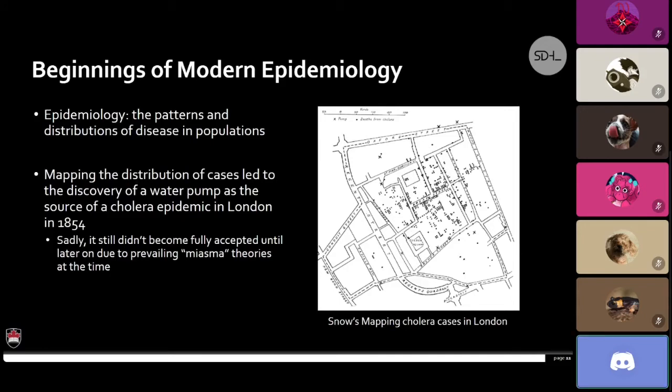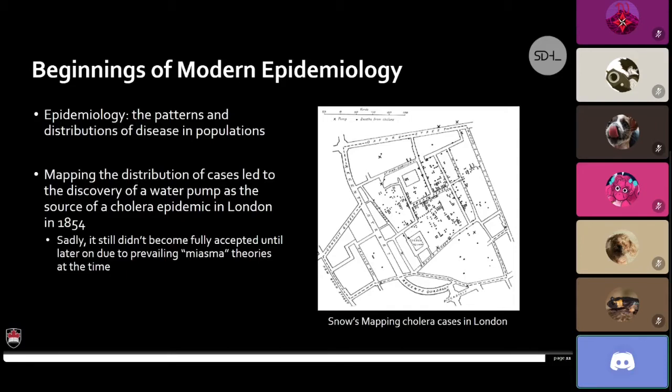So epidemiology is a fairly recent field, or at least modern epidemiology is. For folks who don't know, it's essentially the patterns and distributions of disease in our populations. It can be the pattern of disease across space, but it can also be the pattern of disease across different population subgroups, so diseases that may disproportionately affect people based on your genetics or your environments or whatever it may be.